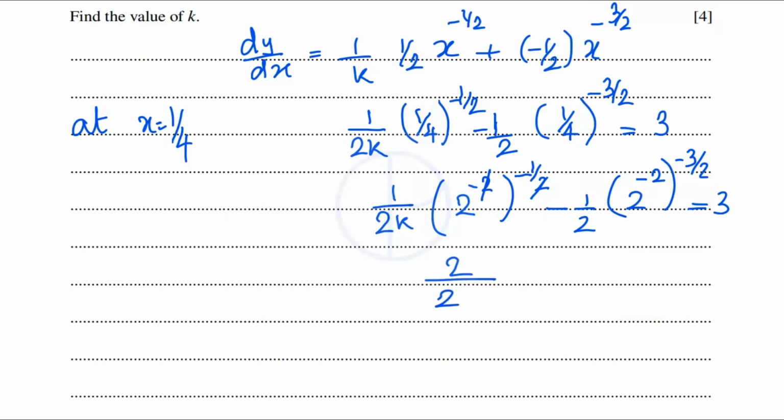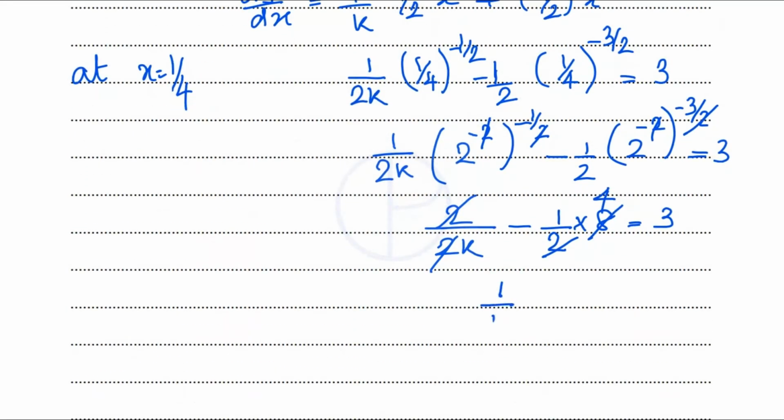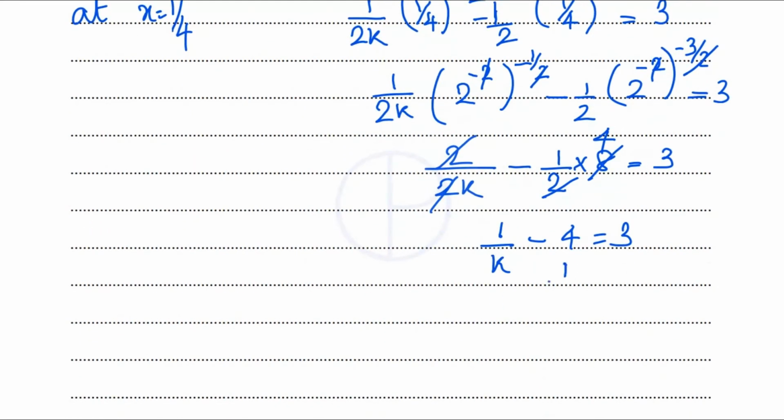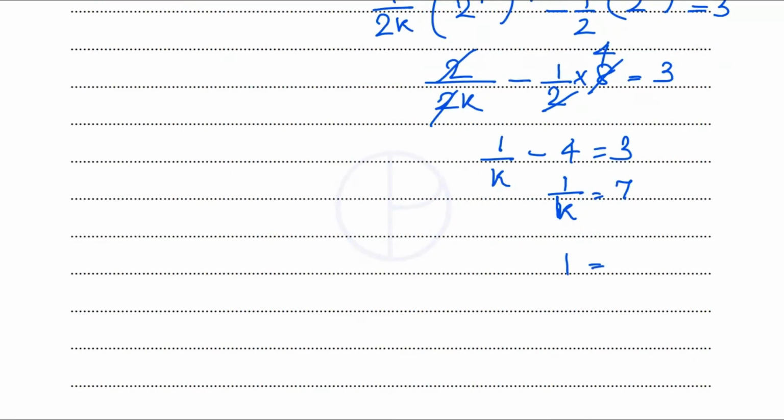So 2 divided by 2k minus 1 over 2. And here this 2 and 2 get cancelled. 2 power 3, which is 8. This 2 and 2 get cancelled, and 2 goes into 8 4 times. So 1 over k minus 4 equal to 3. So 1 over k is equal to 3 plus 4, 7. So 1 is equal to 7k, or k is equal to 1 over 7.